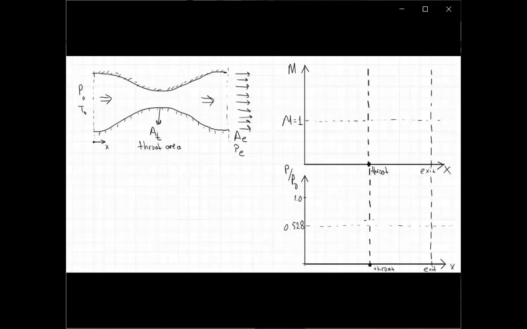Okay, so in this session now, we will talk about the flow development in converging diverging channels. We talked about the relevant area Mach number relation in another video, and here now we will talk about the flow development.